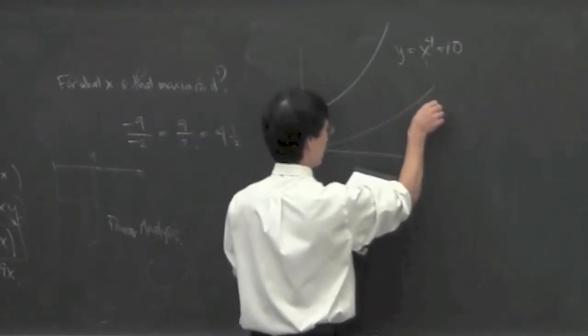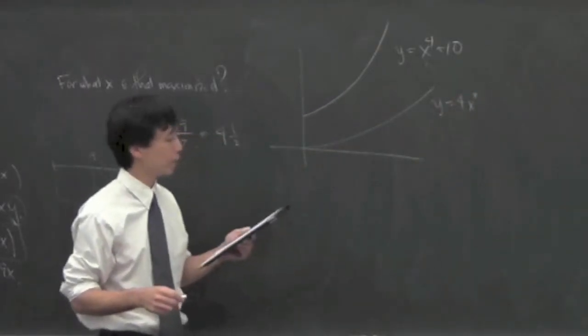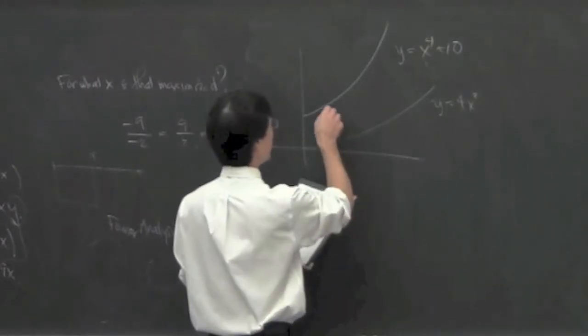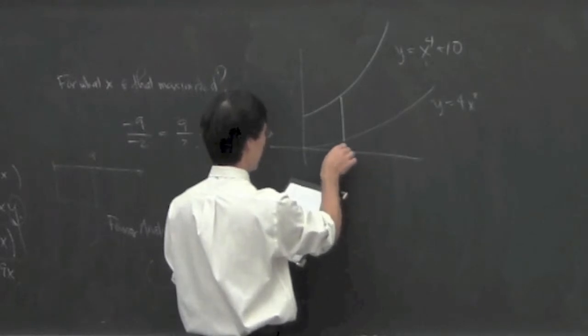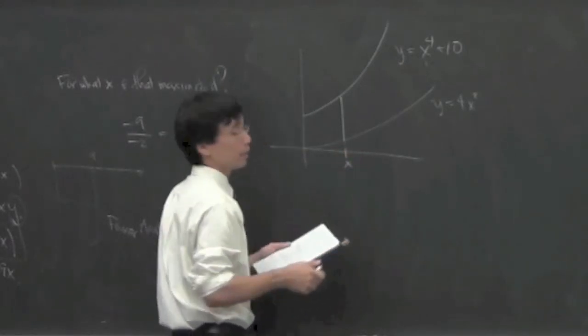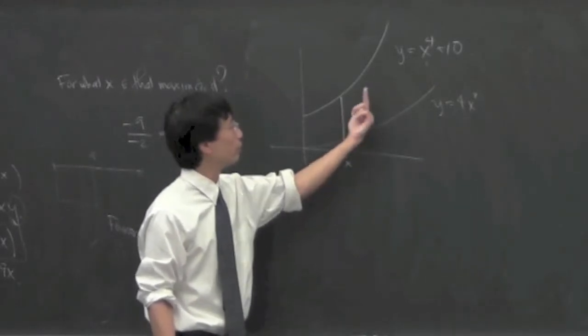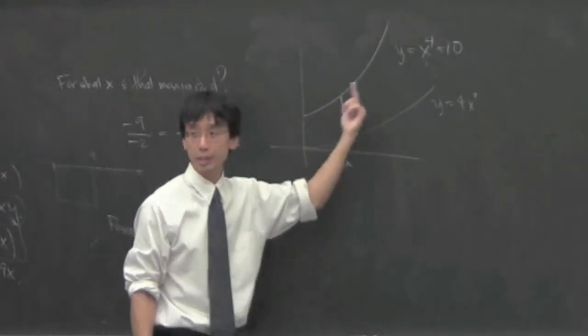The second one follows y equals 4x squared. Your job is to build a road at some point x, and the question is, where do you put the road to use the least material?